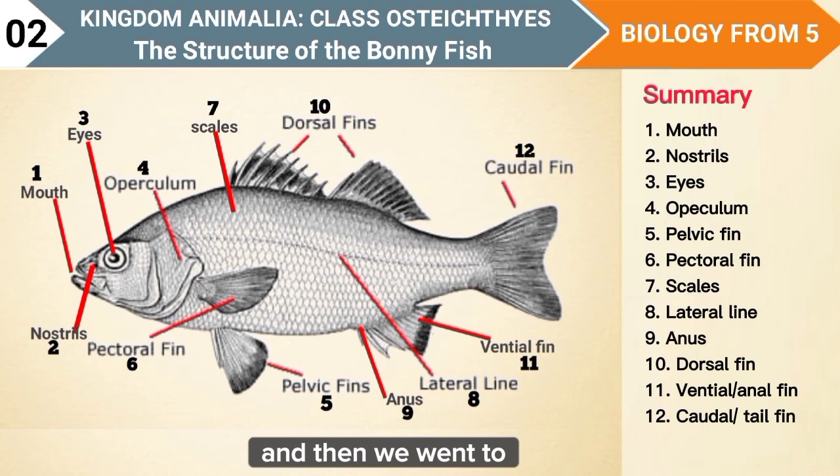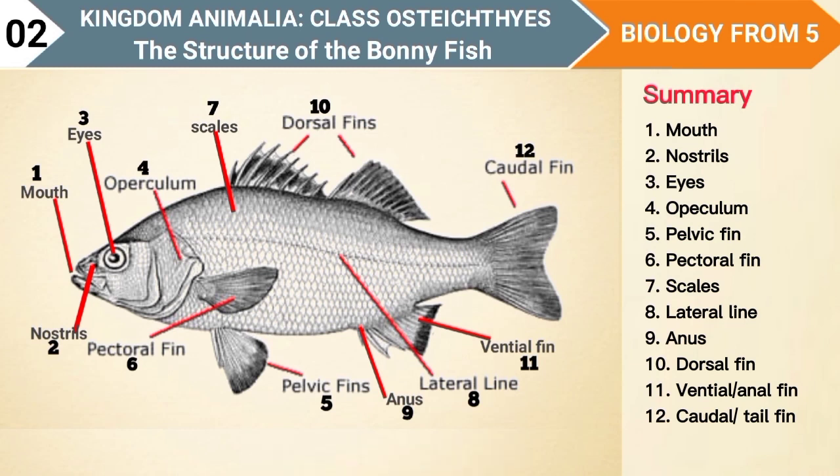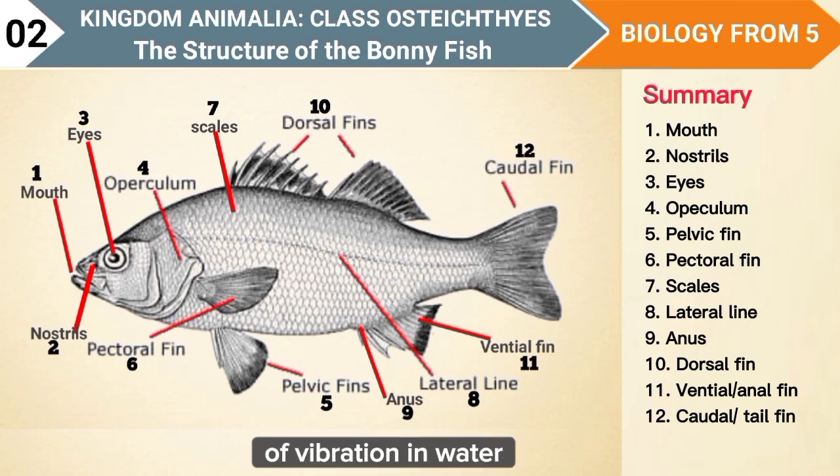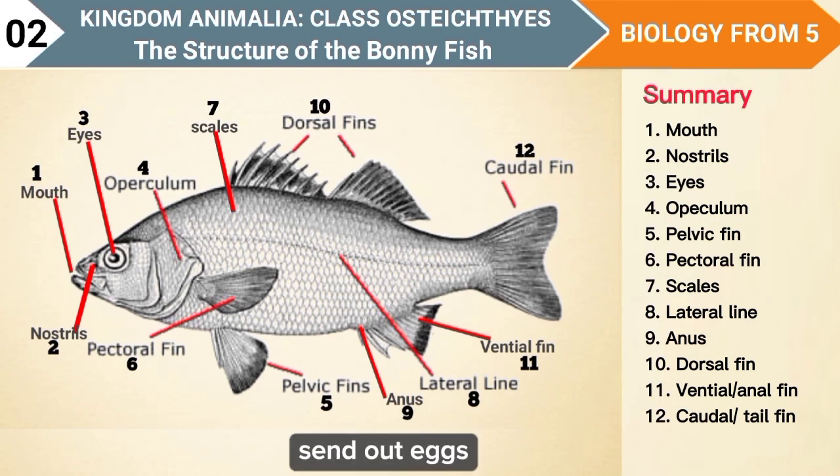And then we went to number 8, which is the lateral line, which serves in detection of vibration in water. And then we look at number 9, which is the anus, which is an opening to send out sperm, to send out eggs, to send out feces, to send out urine, and so on.